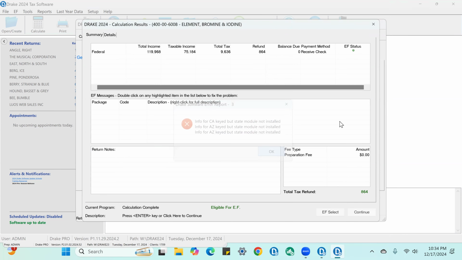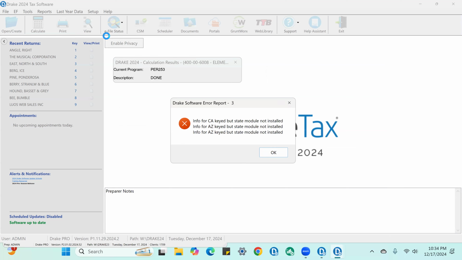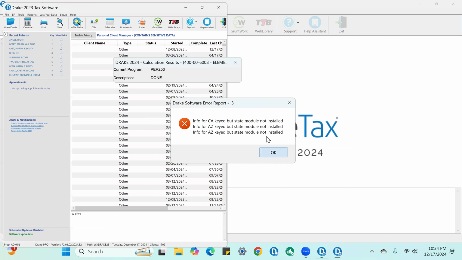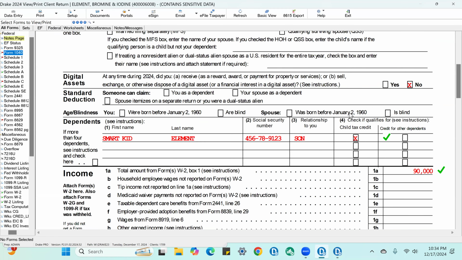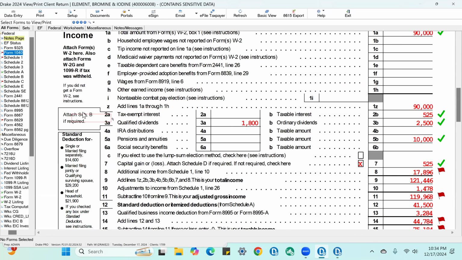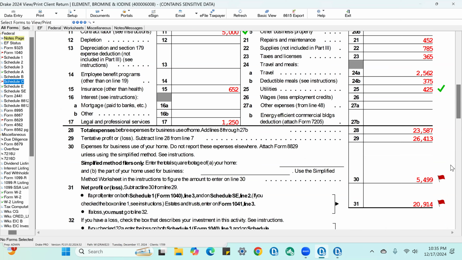So we're good now. You see, it's green. Of course, when the system says green, it doesn't mean it's 100% correct. You still need to double check. But at least the system helps you to do a lot of basic things.